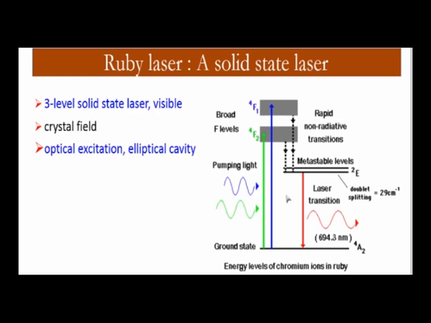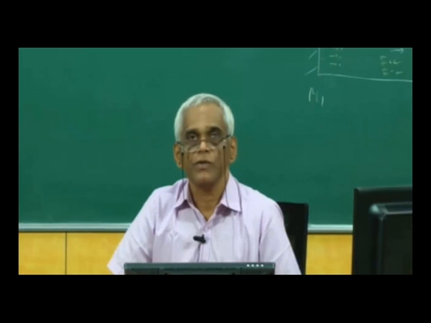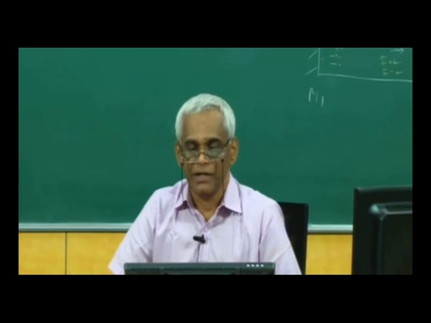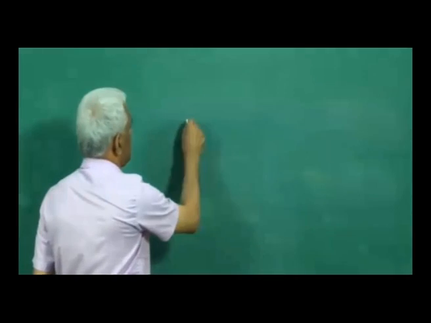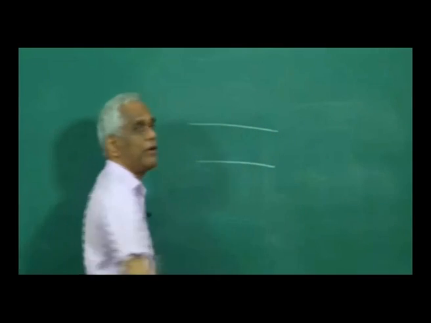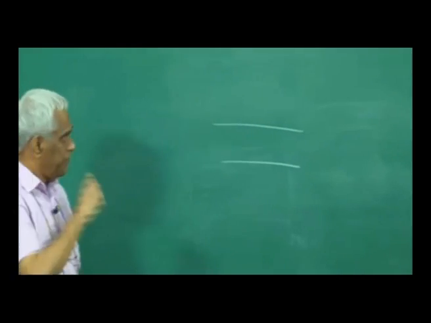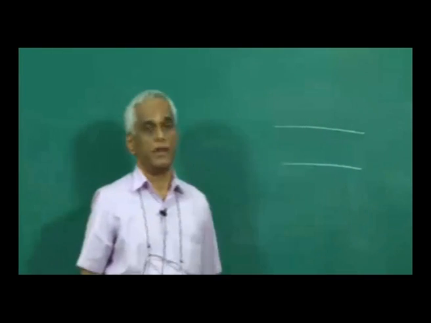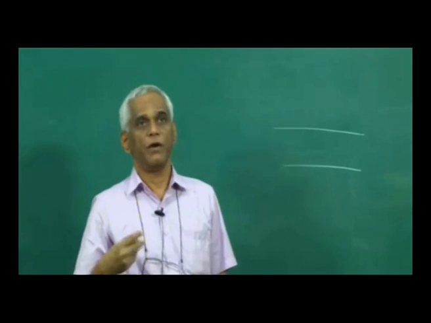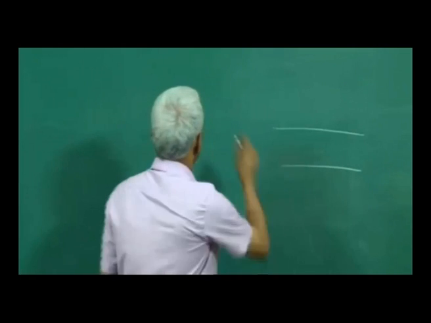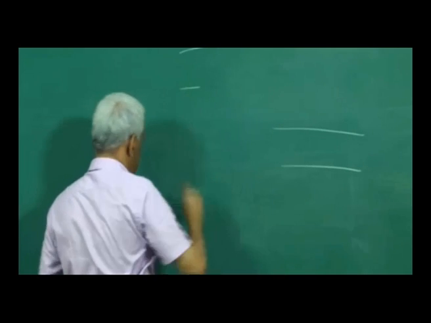Now the cavity design. The cross section of the cavity is elliptical. This is a very interesting point in solid state lasers. This is the cavity which I am talking about, and how to keep the medium here and how to pump it. So you have to first pump it.